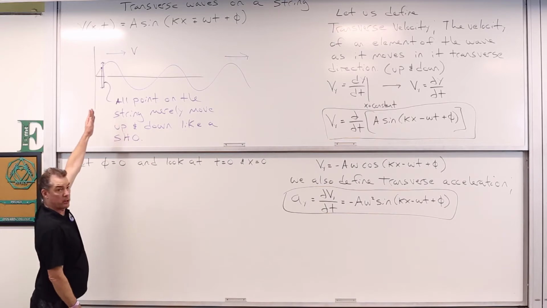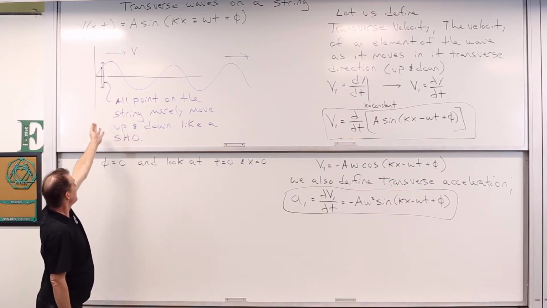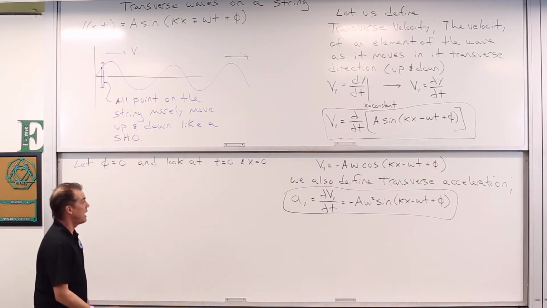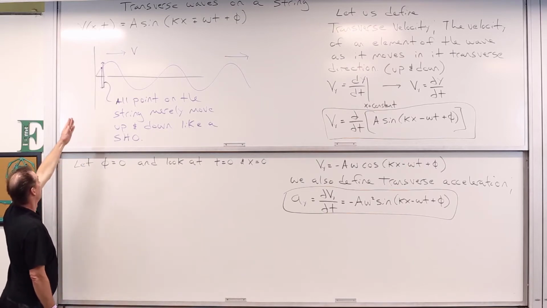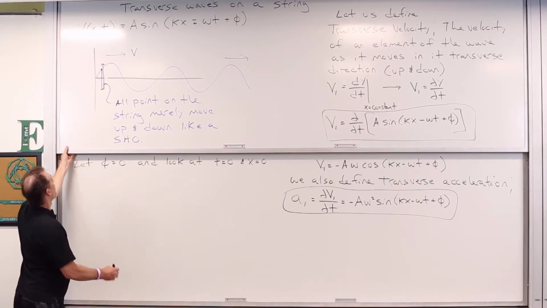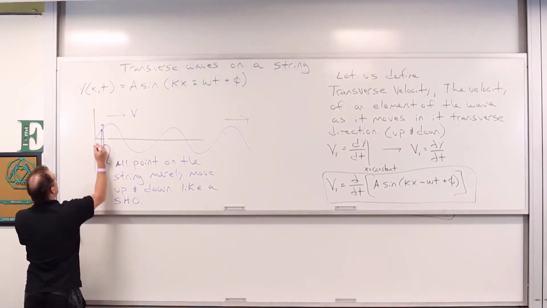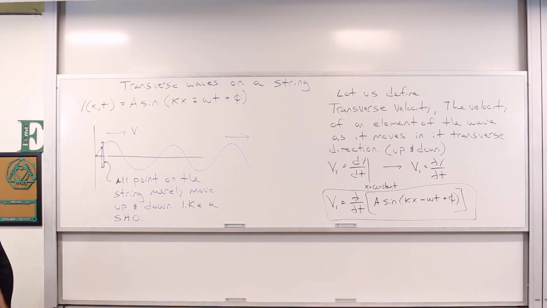So this is a picture of the function with phi equal to 0 at t equals 0 and x equals 0, a times the sine of kx minus omega t plus phi for the wave traveling to the right. Correct? Correct. So we're going to look at this point right here and say, well, what's this point going to be doing? Well, that point right there is going to be moving up or down.